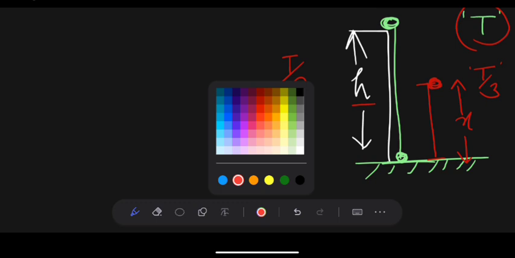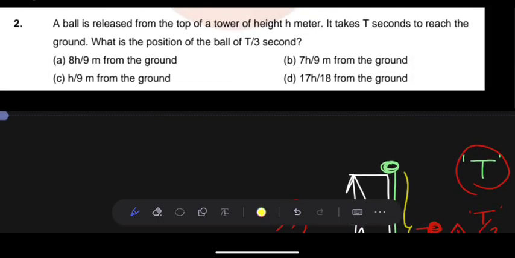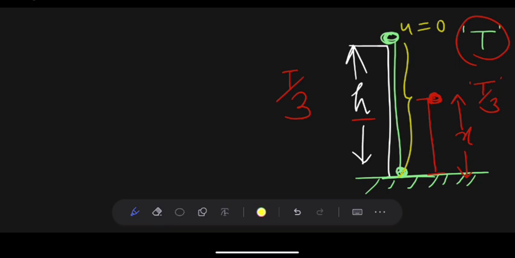So what we can do in this question is, first of all, write the kinematical equation for this motion. The ball is released, so the initial velocity would be 0 and final velocity we don't know. Which equation will we use?